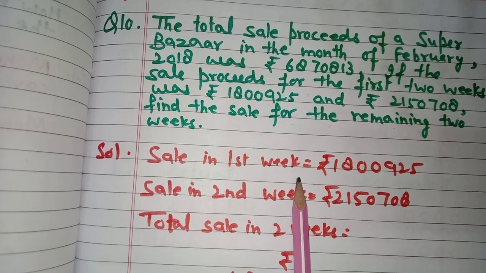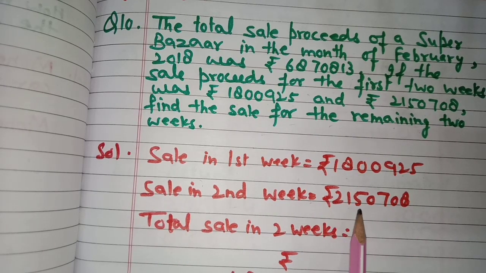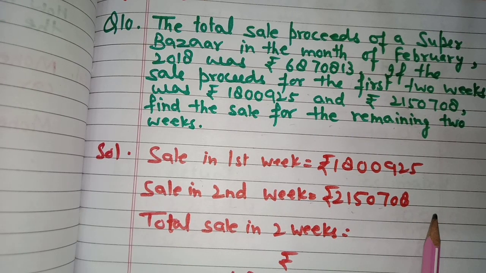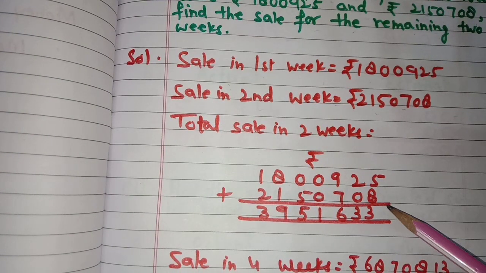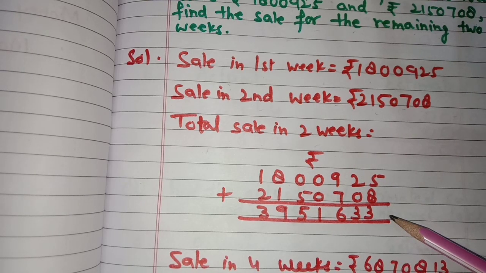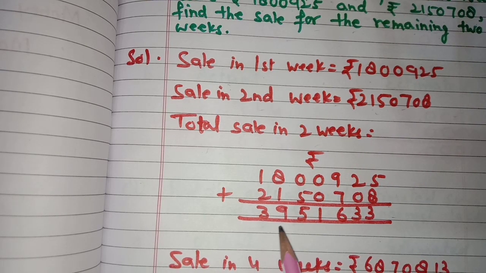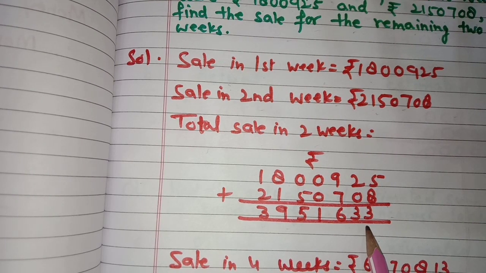Now sale in the first week rupees 18,925, sale in the second week rupees 21,50,708. So by adding these two numbers we can find out the total sales in 2 weeks. So let's add them, and after adding we will get rupees 39,51,633.